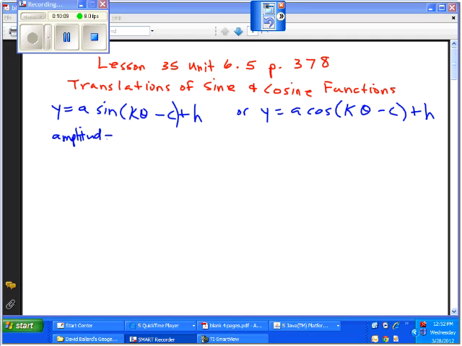We need to write formulas here. Amplitude is equal to absolute value a. Amplitude, I'll write it again, sorry. This is hard when you're watching a video and I'm erasing, I know. Amplitude is equal to absolute value a.